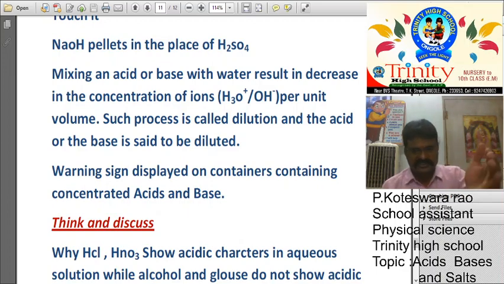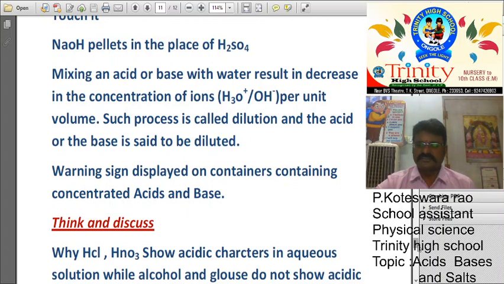Because dilution takes place, there is no danger. There is no danger because the total solution is diluted. So that's why we already took that symbol. What about the symbol?